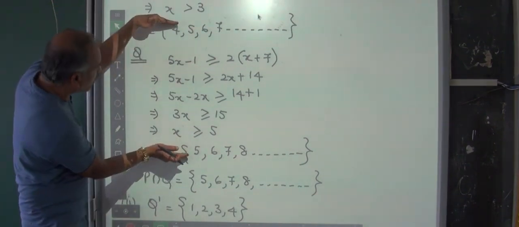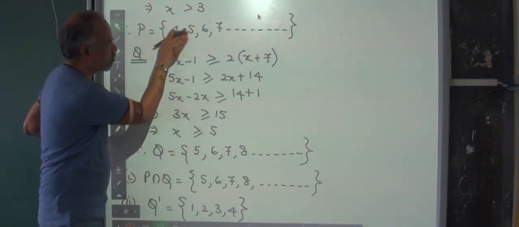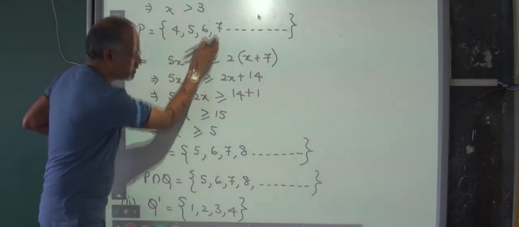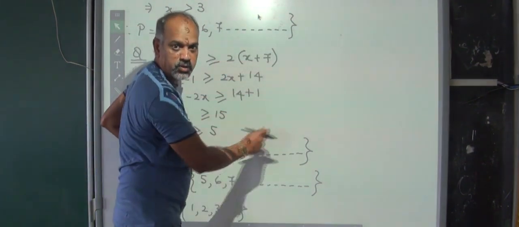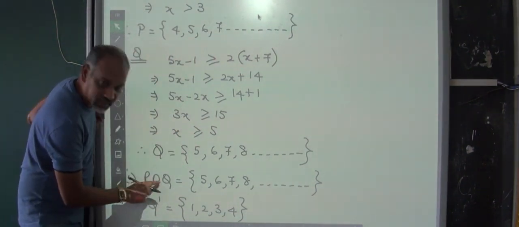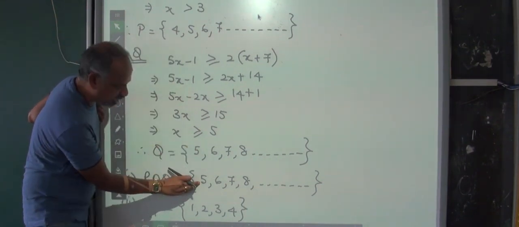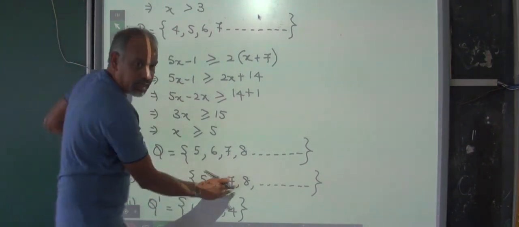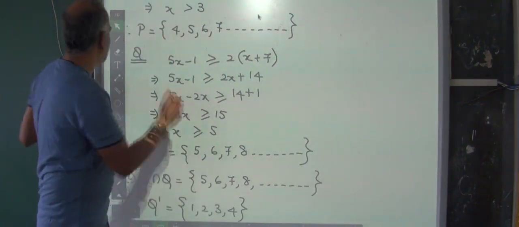Now you see what is common in both. There's a 4, there's no 4 here. That's not common. 5 is common, 6, 7, 8, 9, 10, it will go on up to infinity. Therefore, the first subdivision is P intersection Q, which is starting from 5, which is common, 5, 6, 7, 8, it goes up to infinity. That's the solution for the first one.